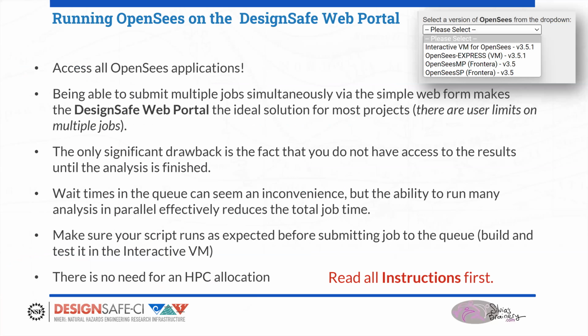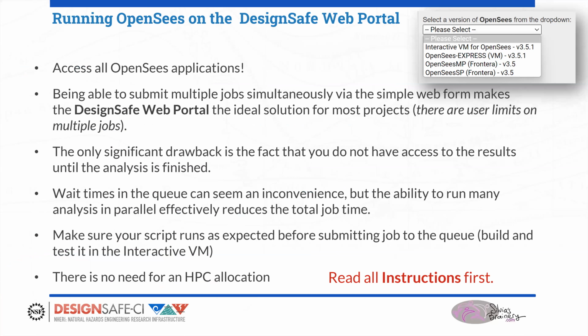And so running OpenSees on the web portal is fast. All OpenSees applications are there. I'm working right now to make it so that you submit Tcl scripts, but hopefully in the next few months, you'll be able to submit Python scripts. That's what I'd like for OpenSeesPy, but that still needs a little bit of work to make sure that the integration is automated.